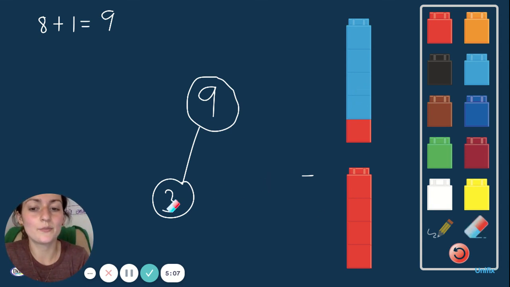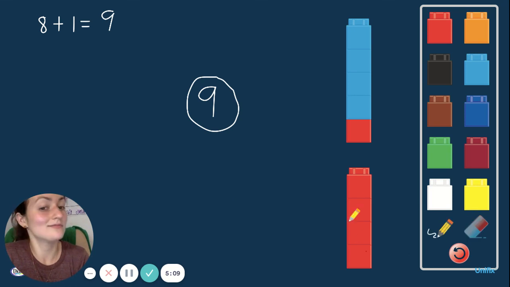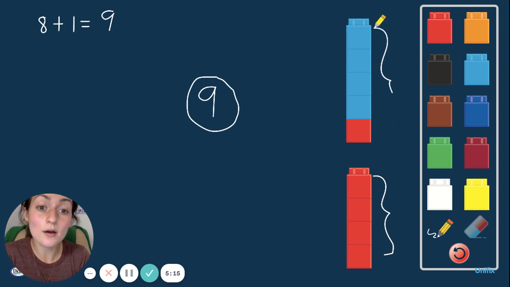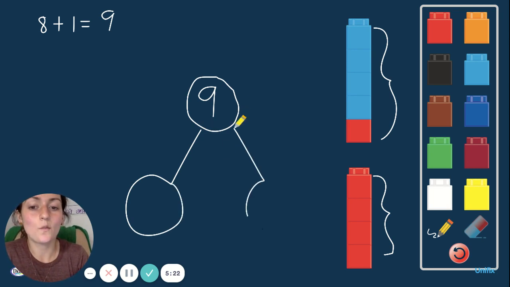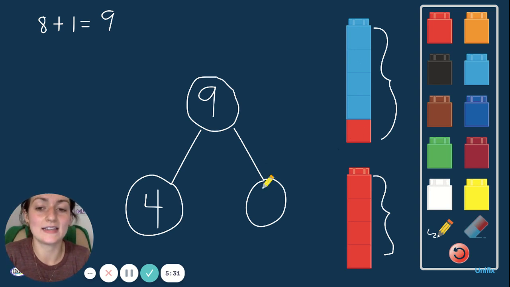Starting to look more and more interesting because I don't know if you've noticed this, but the bottom is getting bigger and the top is getting smaller, even though we still have 9 cubes all together. So I added 1 more to the bottom, and we know that 3 plus 1 more is 4. We had 6 on the top, so we know that 1 less than 6 is 5.